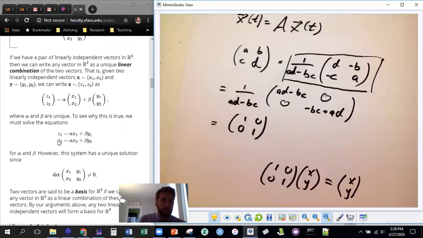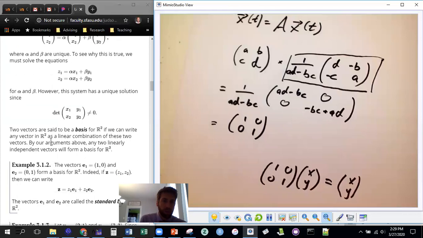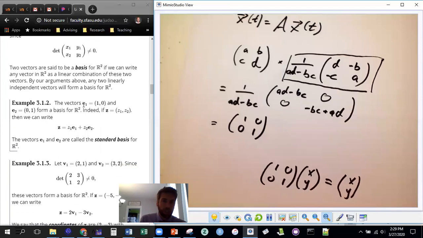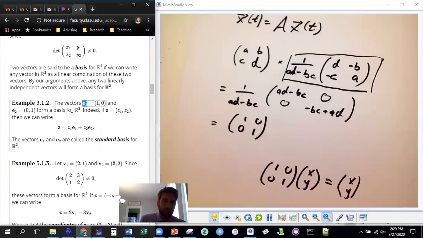Okay, so you could write this that way. There's also these vectors right here. Those are called the standard basis.